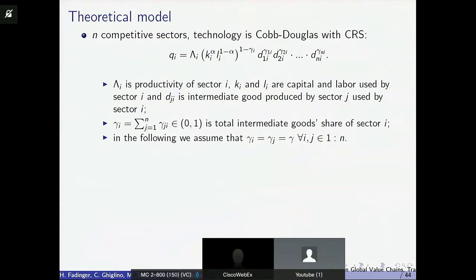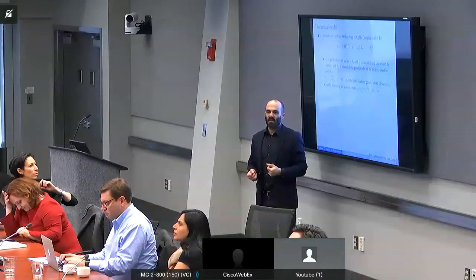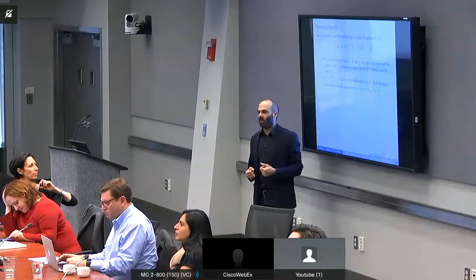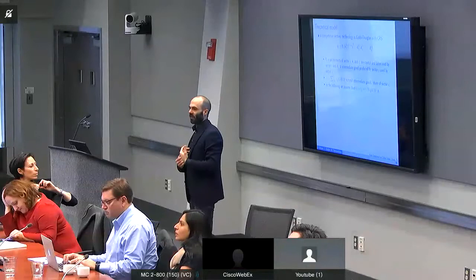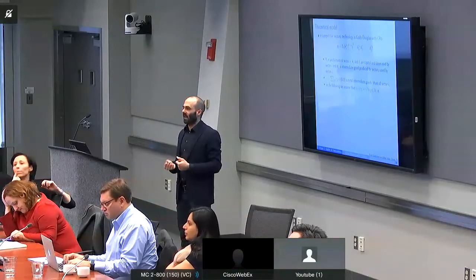We will assume that all sectors have the same intermediate share, which is not exactly true empirically, but at least we don't find systematic differences in how much sectors use of intermediates. There's much more heterogeneity in terms of how many sectors a given sector delivers to.